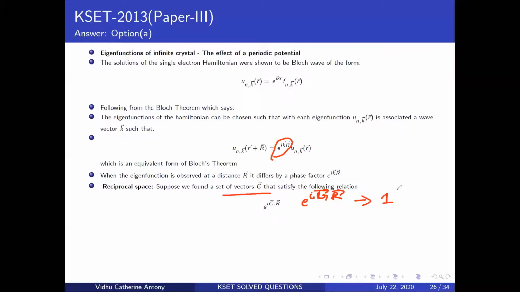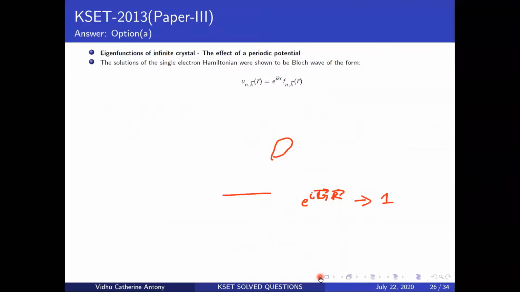We're going to assume that in your reciprocal space. So what ends up happening is, if I put that as 1, I get u n of k plus G, r vector, is equal to u n k of r. This form is basically the same thing as here.